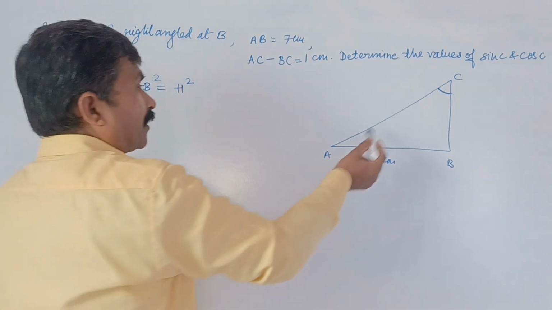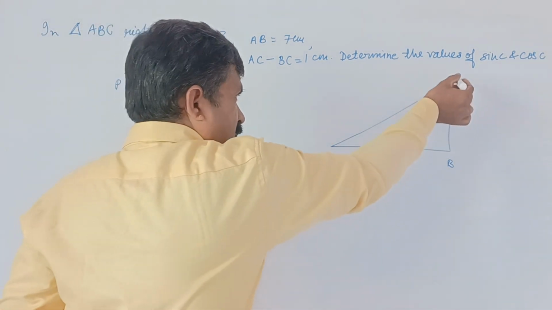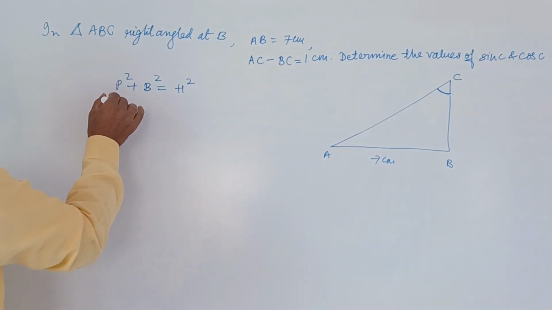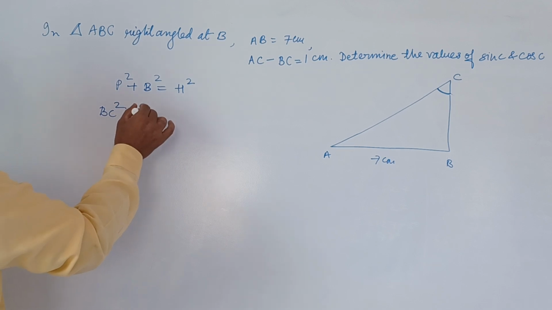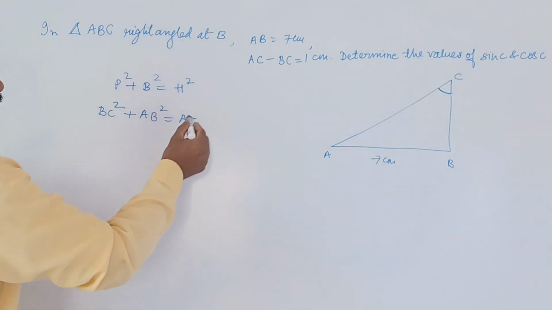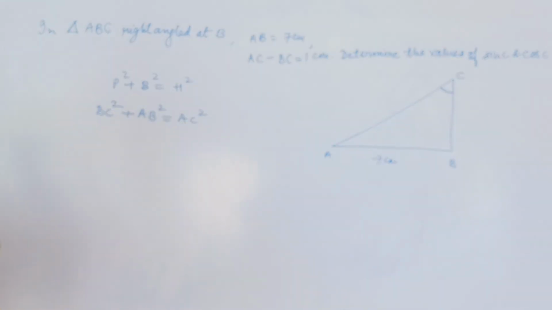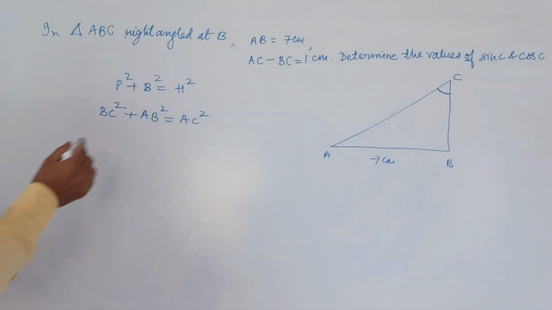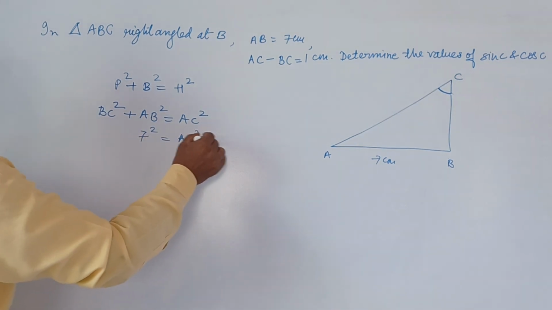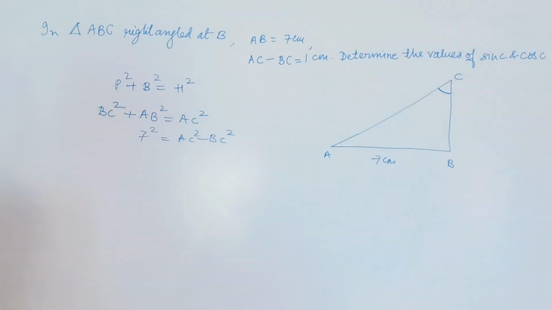Now, here the perpendicular we can take is BC, base is AB square and hypotenuse is AC square. Now AB is given to us, that is 7 square, and AC square minus BC square.